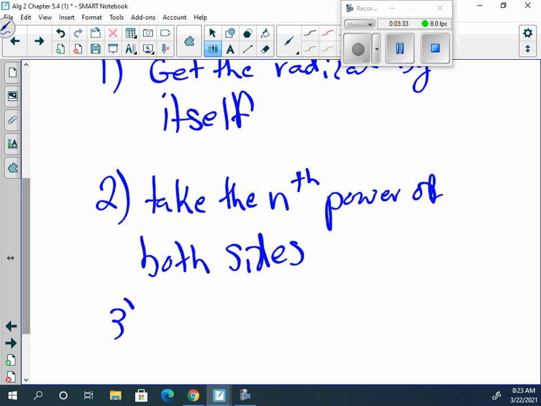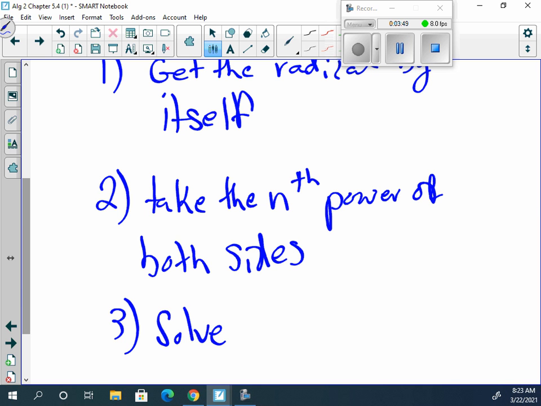And after we take the nth power of both sides, we want to solve. And those are going to be our main steps.